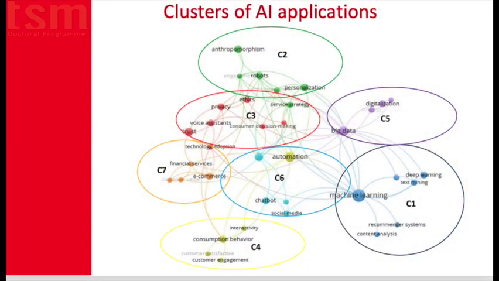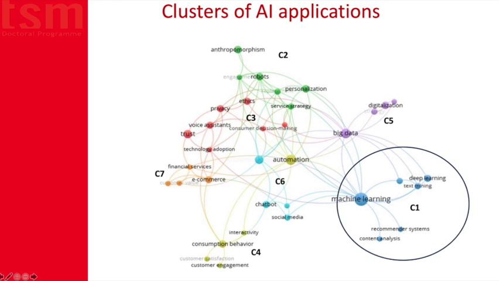Let's start with cluster 1, which is named AI techniques and applications. The first cluster refers to the AI analysis techniques, knowledge creation, decision-making, and applications. This category includes in total 30 papers.